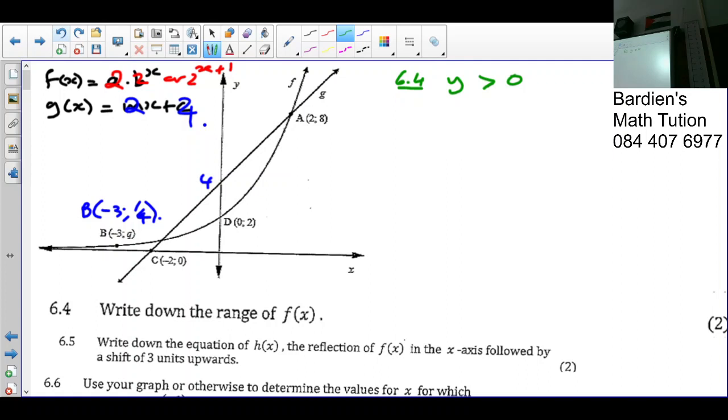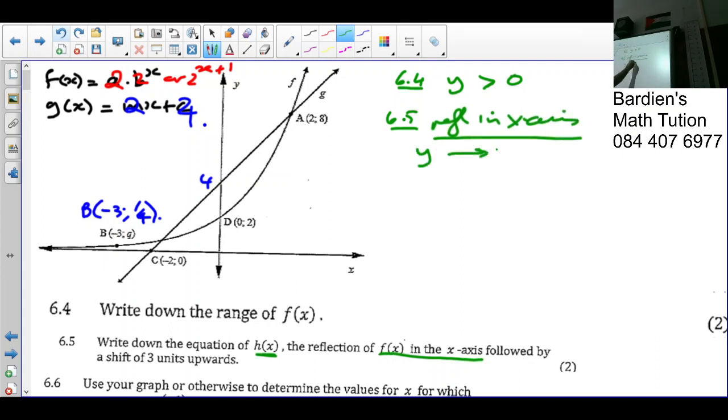Okay? Well, 6.5. Write down the equation of h of x. Now this is a different equation. It is the reflection of f of x in the x-axis. So what's the rule if something is reflected in the x-axis? Y becomes negative. Okay? So that now becomes negative y equals 2 times 2 to the x.